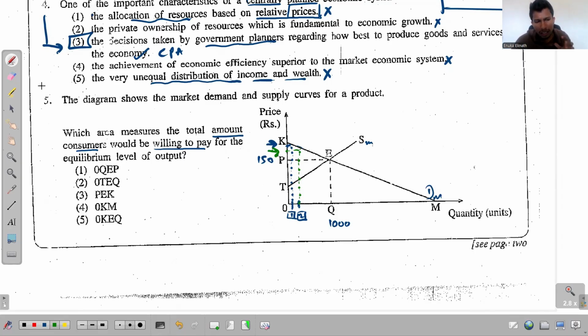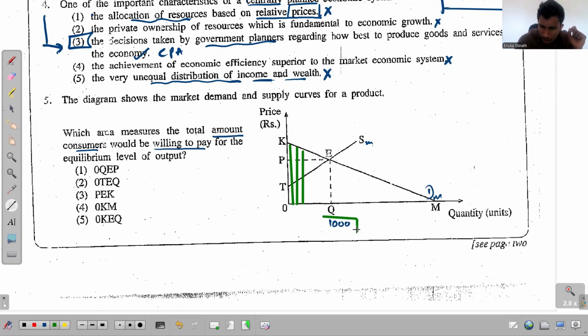See, this gap from this point to this point, again this gap from this point to this point, again this gap from this point to this point, right? Those gaps show you the amount that these consumers are willing to pay for each unit that they are trying to purchase.